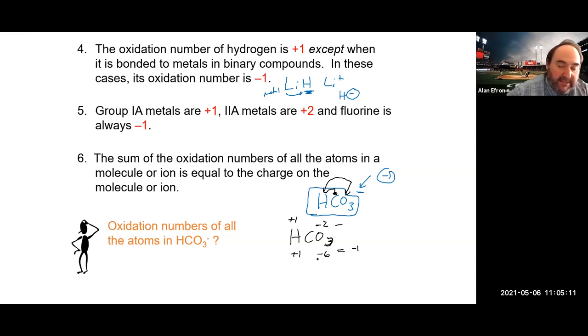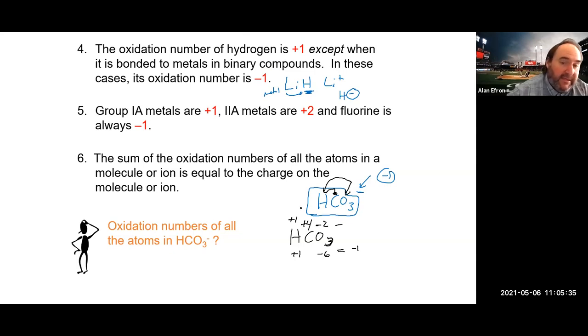So we have -6 and +1, which is -5. That means to get a -1 overall charge, the carbon has a +4 oxidation state. So +1 and +4 is +5, and +6 is -1 left over. Those would be the oxidation numbers for each of these.